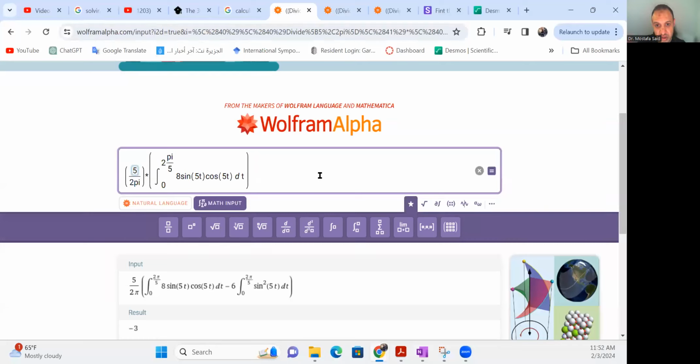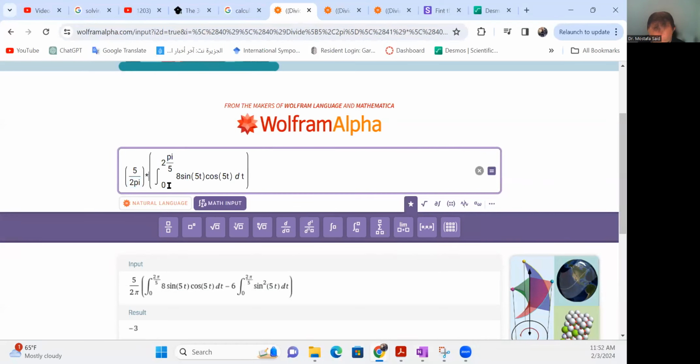You can just write 5, then slash, 5 over 2, and for pi, you just write pi. When you click equal, it will transform it into a pure mathematical expression, so you can review whether your text is correct or wrong.